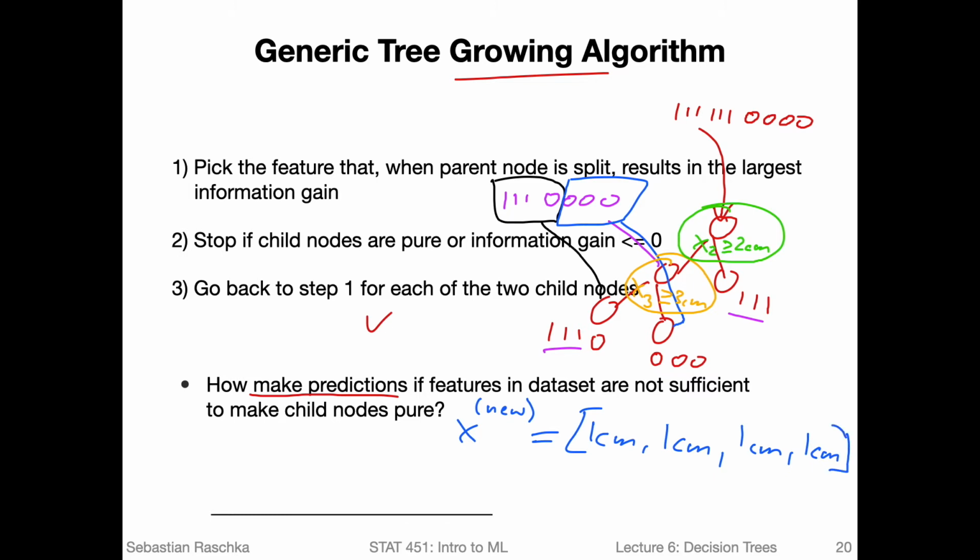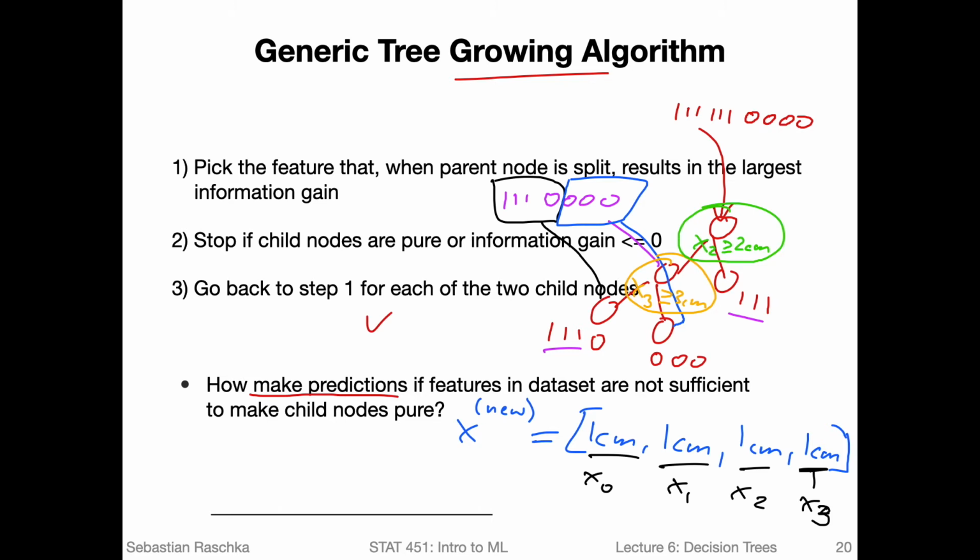So all the feature measurements are 1 centimeter, where this is x0, the first feature, this is x1, the second feature, this is x2, the third feature, and this is x3, the fourth feature.